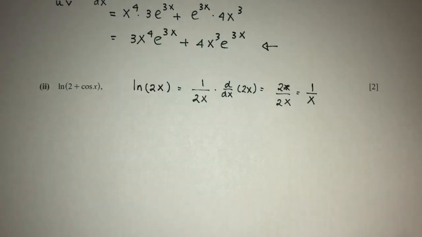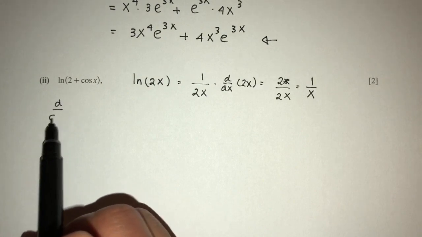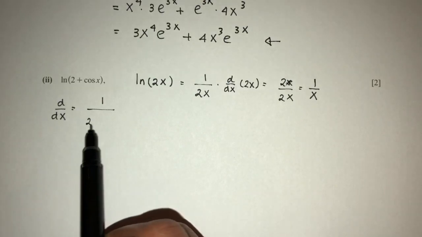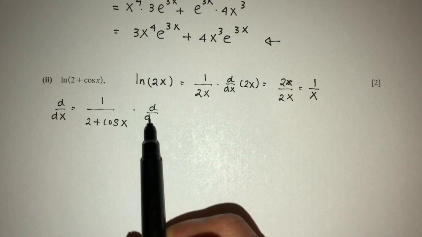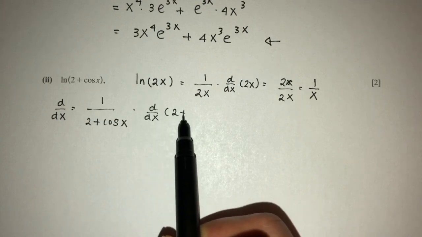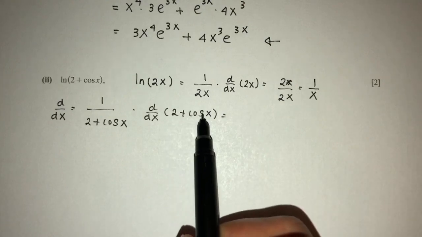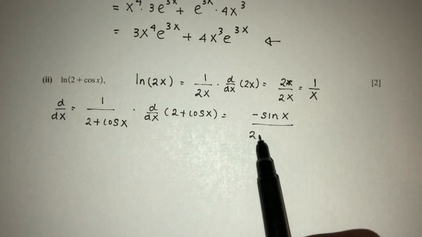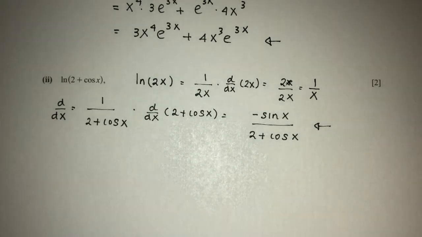Now same thing here. d by dx will be 1 over the value inside, which is 2 plus cos x, multiplied by d by dx of the value inside. So let's see what we get. The 2 becomes 0, and this becomes minus sin x over 2 plus cos x. That will be part 2 of the question.